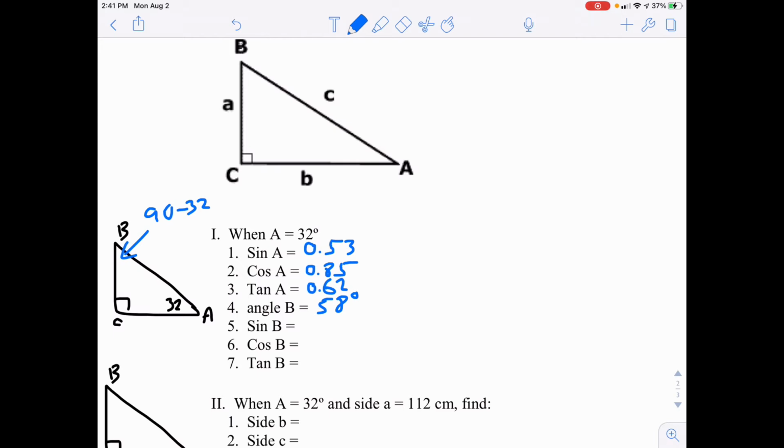Sine B, cosine B, tangent B, we're going sine of 58, 0.85. Cosine of 58 would be 0.53. And the tangent of 58 would be 1.60.